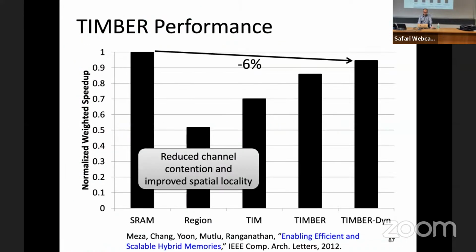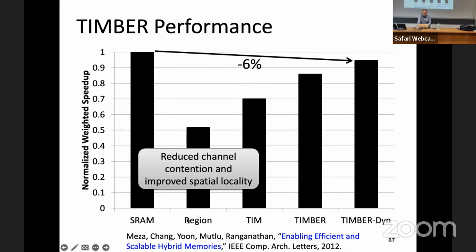You can check the paper for more detail, but by combining all these techniques together, you can get performance very close to the ideal case, which is very costly, where you store the whole tag array in SRAM. So in this baseline SRAM, the whole tag array is stored in SRAM.